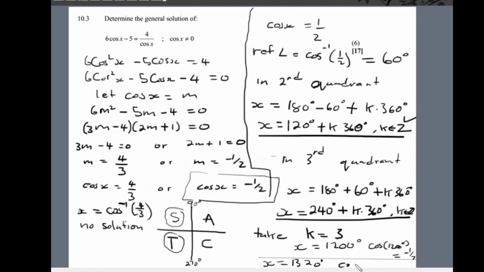And then if you say cos 1320 degrees, uzothola that is minus 1 over 2 also. So yeah, this is our solutions. This one here, this one here, and this one here, right? Okay, so we are done with this question.